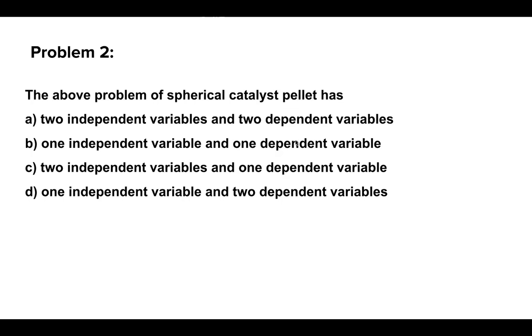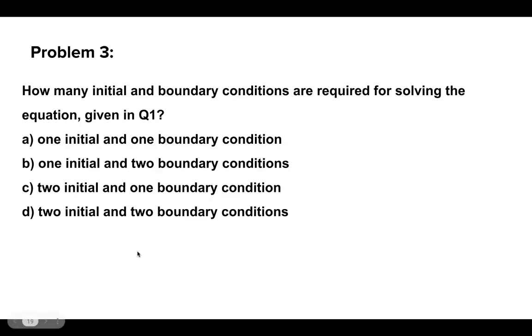What is the answer? A spherical catalyst pellet has two independent variables, position and time, and one dependent variable, the catalyst concentration. So option C is your answer.